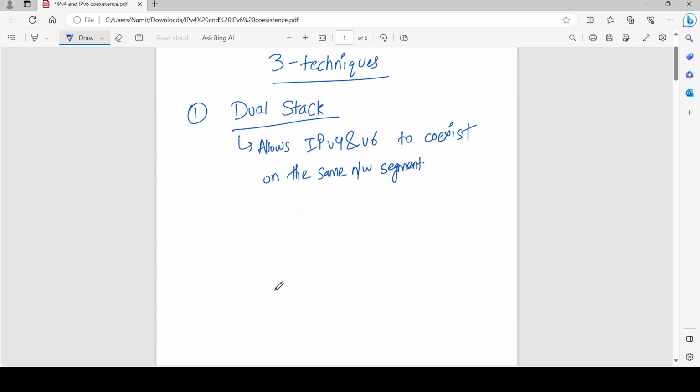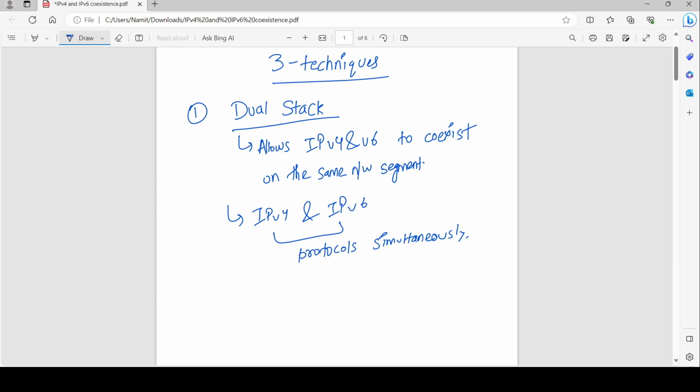Dual stack devices, the devices that have this technique facilitated in them, can run both IPv4 and IPv6 protocol stacks simultaneously. So they will be able to run IPv4 protocols as well as IPv6 protocols simultaneously, and there won't be a problem with respect to that.